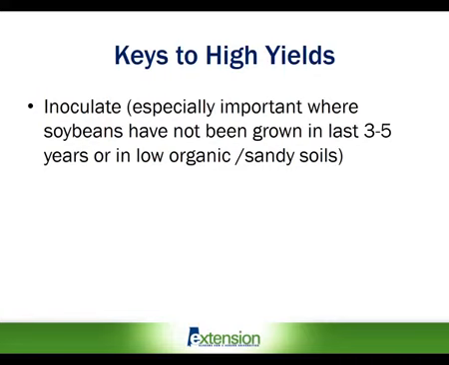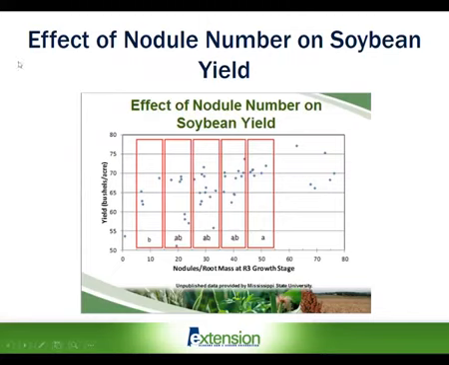I think for high yields, you need to inoculate every year. It's cheap insurance. When you look at some of the data from Mississippi State, you can see the higher your inoculation, the higher your yield potential. So I would inoculate every year. It doesn't cost very much money, and generally it's going to pay dividends.